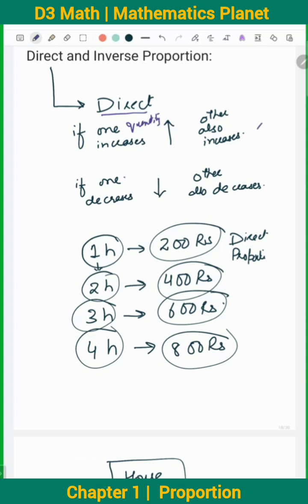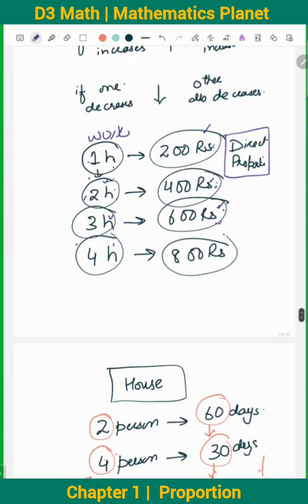For example, if you work for 1 hour and you get paid 200 rupees, for 2 hours you get paid 400 rupees, and for 3 hours you get paid 600 rupees. So as the number of hours increases, the amount of payment also increases. So one quantity increases, the other also increases, and such a proportion is called direct proportion.